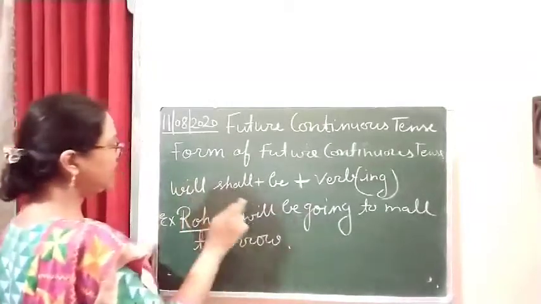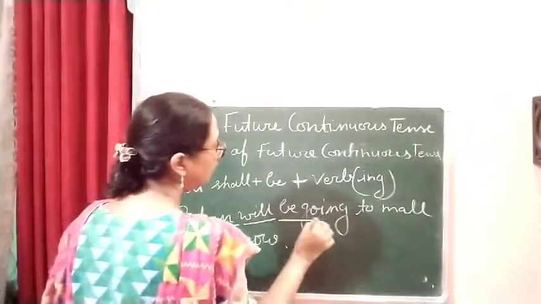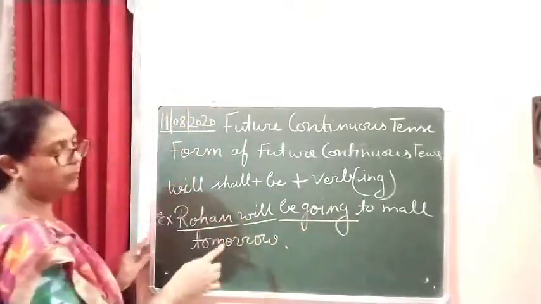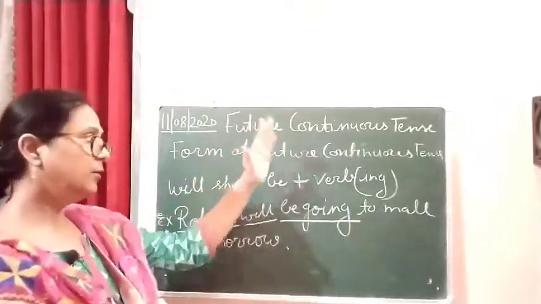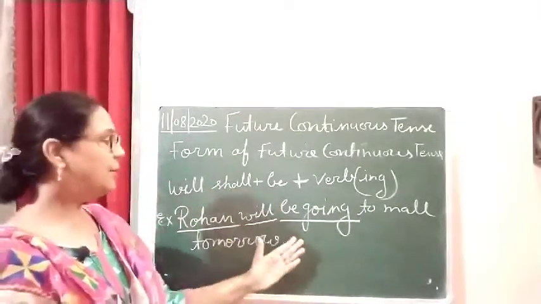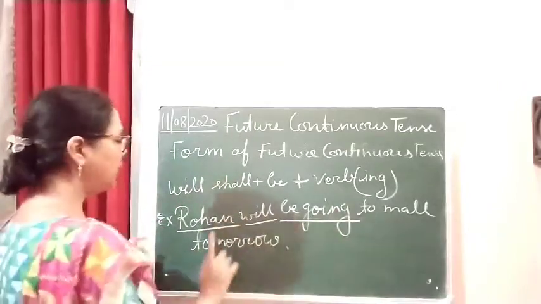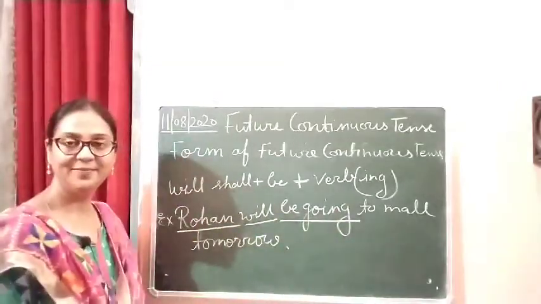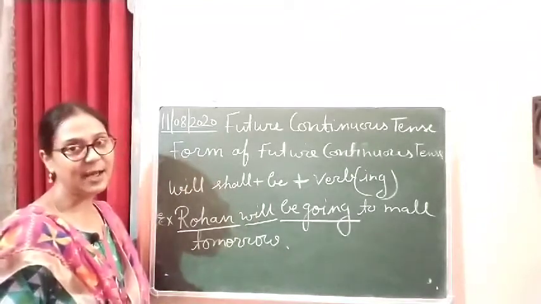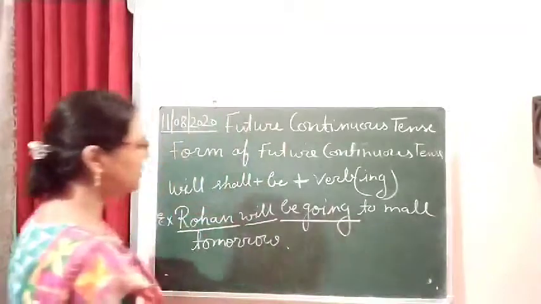Then we have placed will because this is future tense, then be going. Now here it becomes future continuous tense because we have placed be going. So this is the example of future continuous tense.